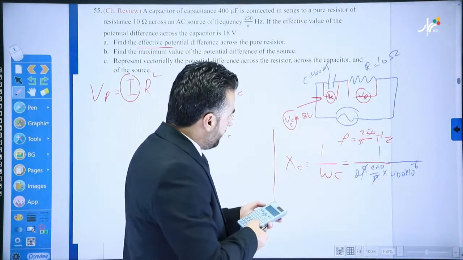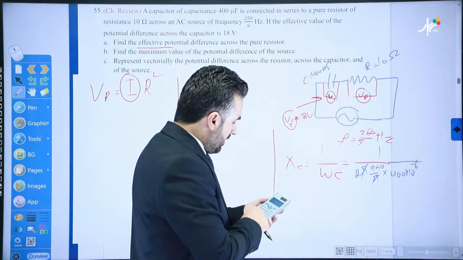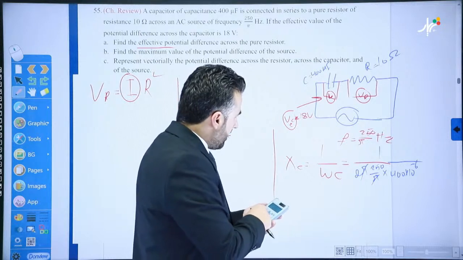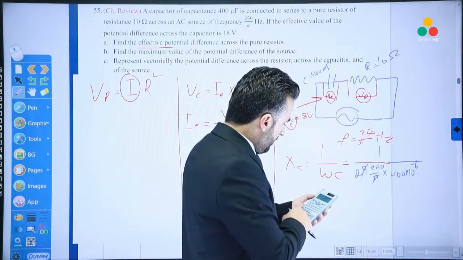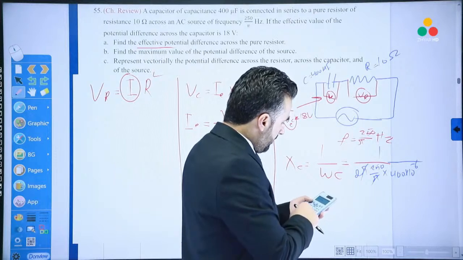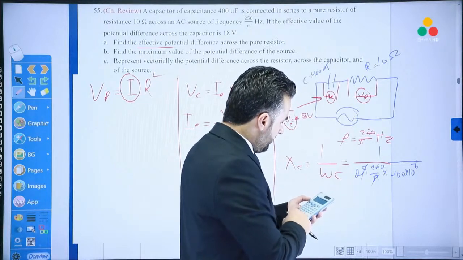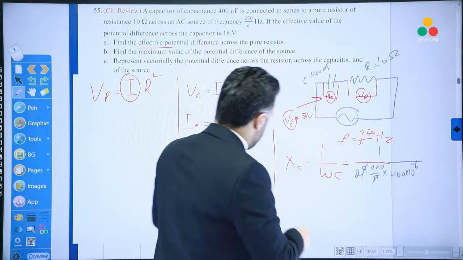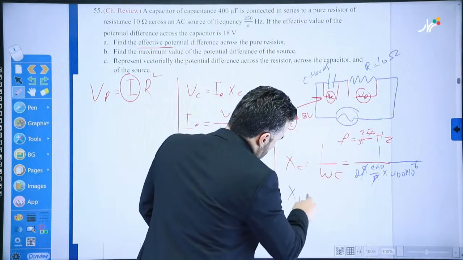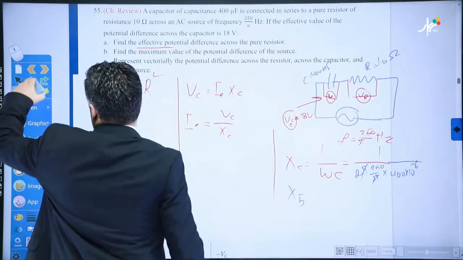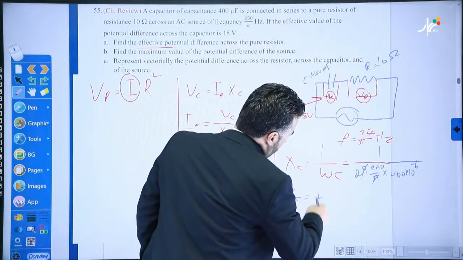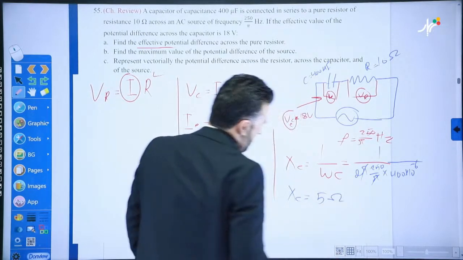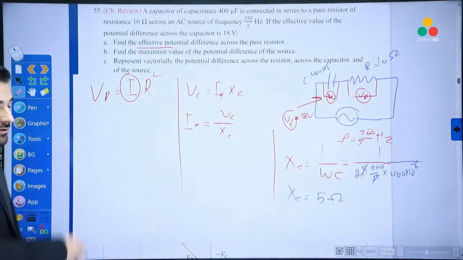So let's find the value for XC. That is 1 divided by 2 times, that is 500, multiplied by 400, and then multiplied by 10 to the power negative 6. And of course, the answer is going to be 5 ohms here. So XC equals 5. But 5 what? 5 ohm, because that is an opposition, or you can call it a resistance.